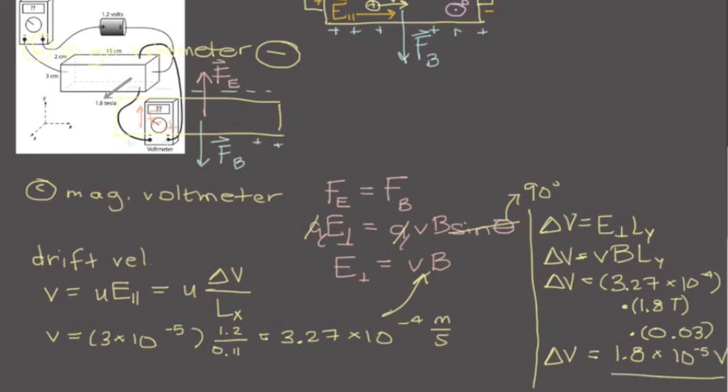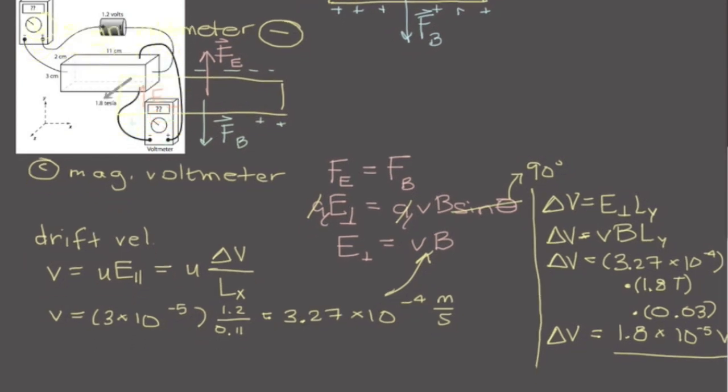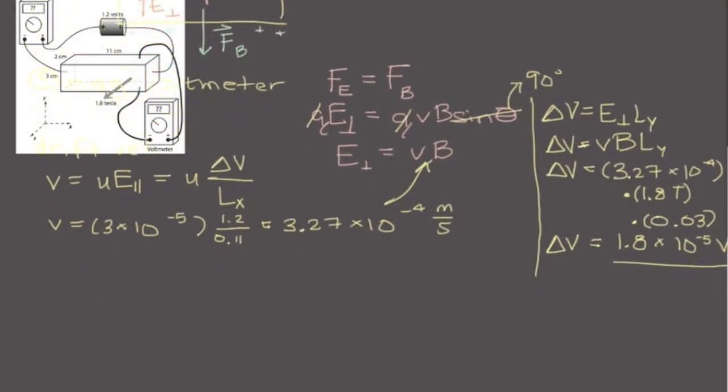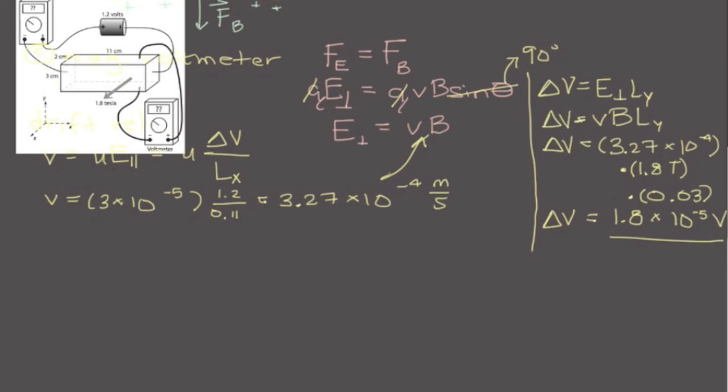Okay, excellent. Now, if you're interested, we can also talk about what the ammeter will read. So the ammeter, this will be our part D of this problem. In other words, we're looking for the current that is going through this top loop of wire here, this one where the battery is attached. Now, there's a couple different approaches that you can take.